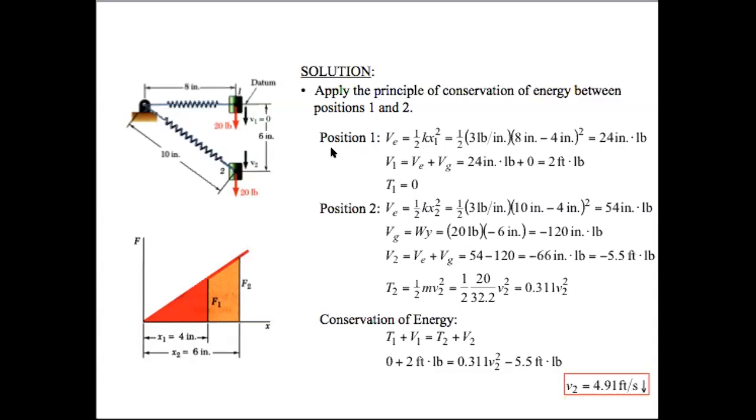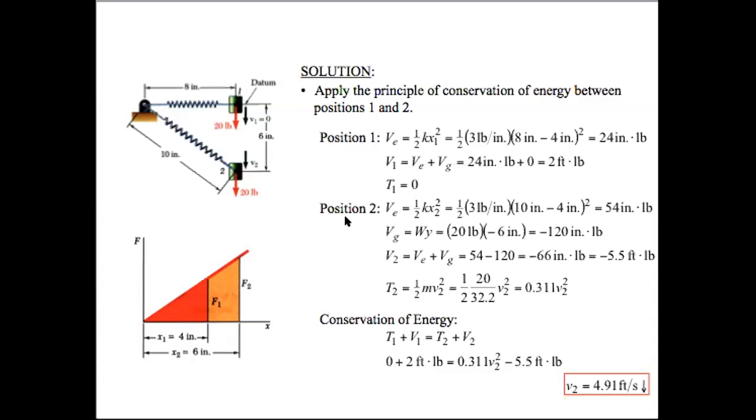For potential energy, we find VE is 24 inch-pounds, and the gravitational potential energy is 0 because our datum is at position 1.